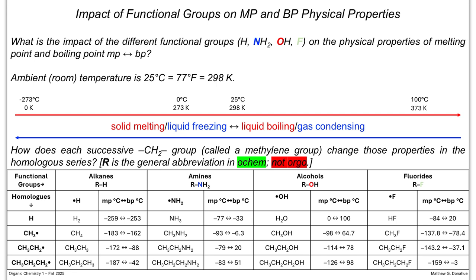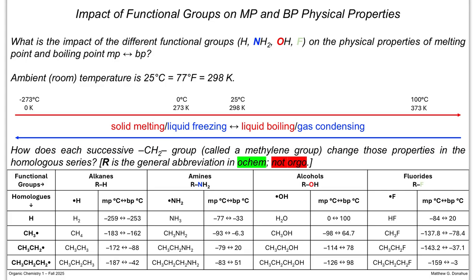So the point here is, as we build these molecules, we went from hydrogen up to methane to ethane to propane. There are the melting and boiling point ranges. You'll see they slightly differ as you start adding stuff. So there are alkanes, amines, alcohols, fluorides.